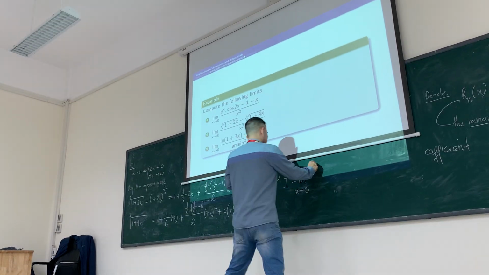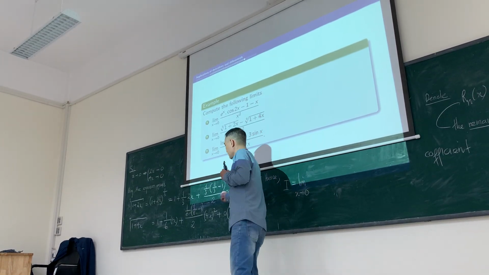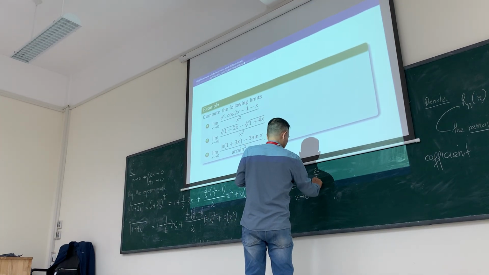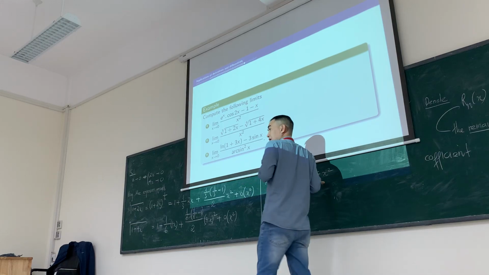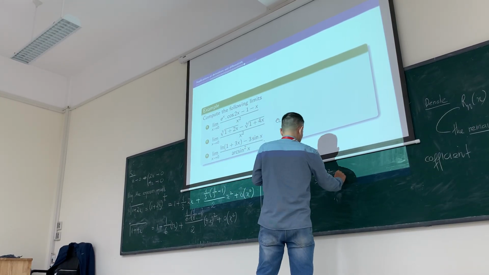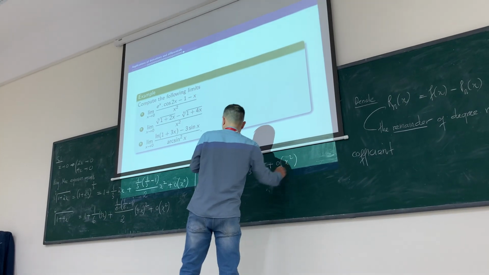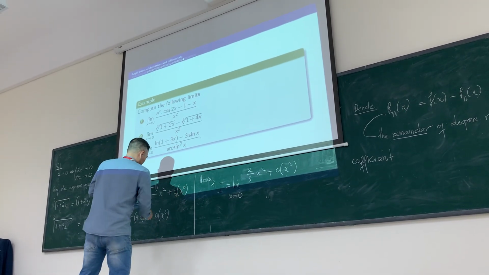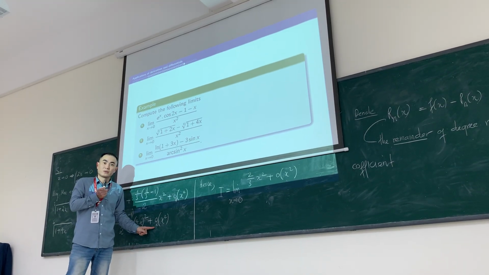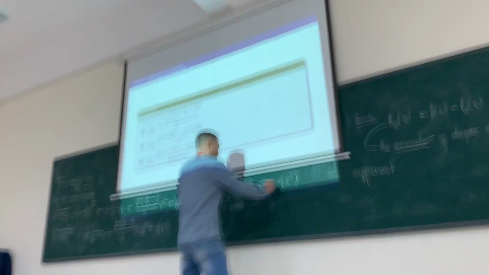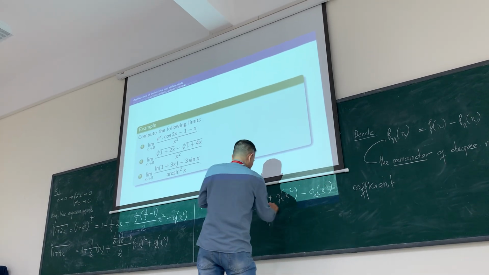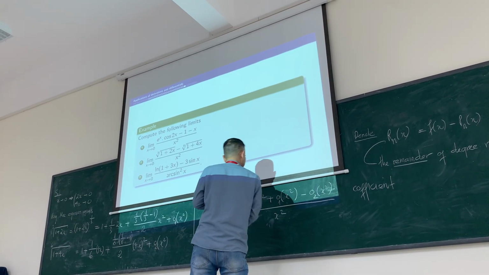For no confusion, you can denote this by O1 and O2. So (O1 minus O2) x squared, over x squared.